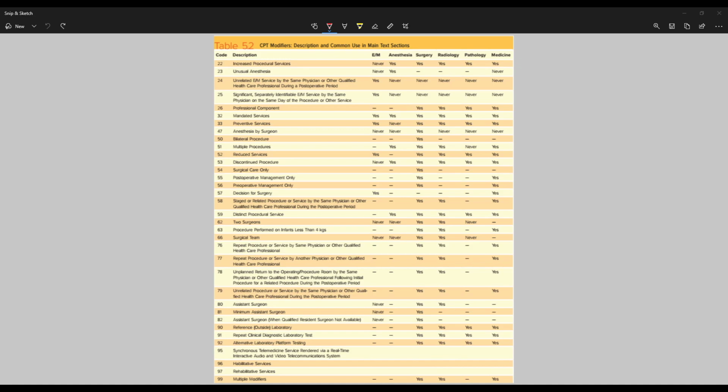Let's say you see your orthopedic and you get a surgery on your ankle, and a week later, you're on your crutches outside and it's raining and you slip, fall, and you break your arm. And you have to get pins put in it, and your orthopedic puts the pins in your arm, resets your arm. That would be an unrelated procedure or service.